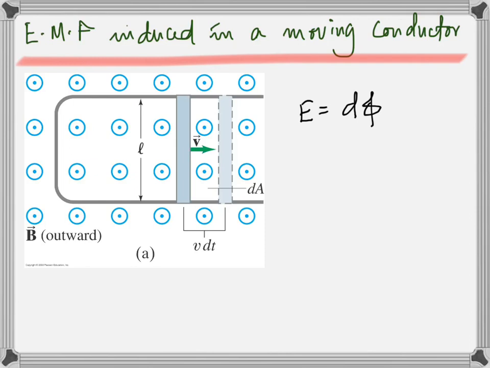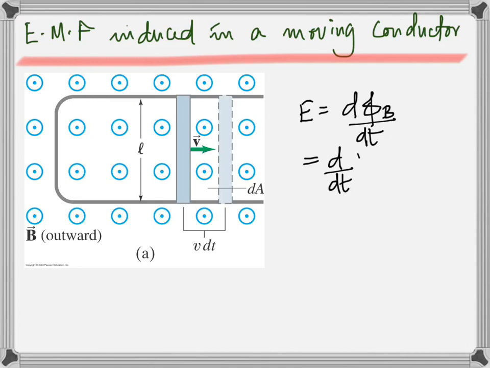Isn't the area changing? The enclosed area? Come on, the area of the loop is changing, isn't it? If the area of the loop changes, surely there's going to be an induced EMF. We're going to calculate it. Faraday's law, E is equal to what? d phi B by dt, and I've not put the negative there.